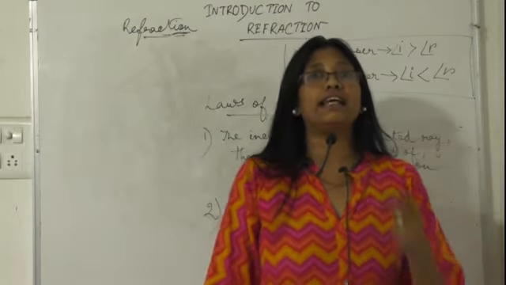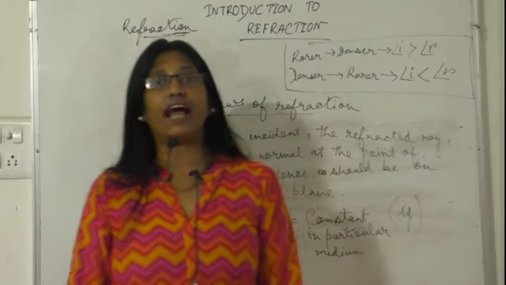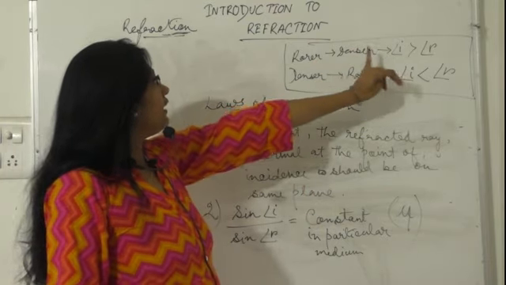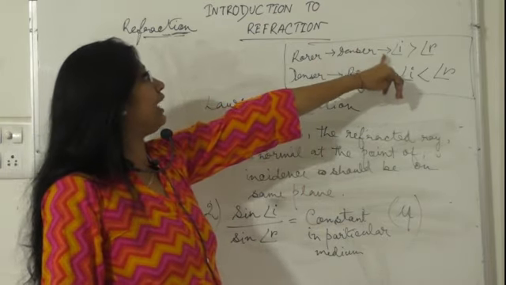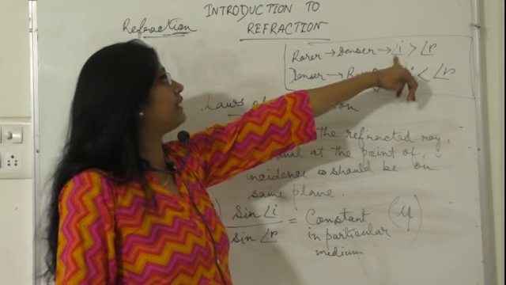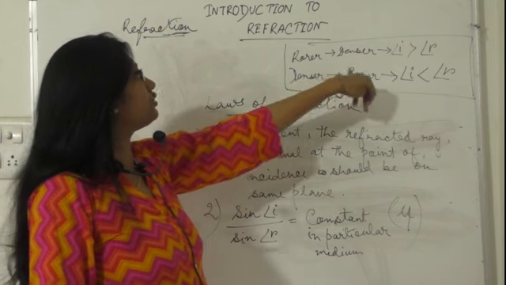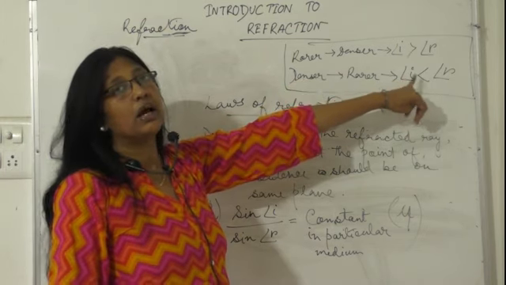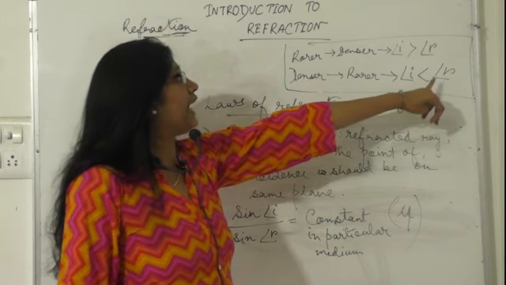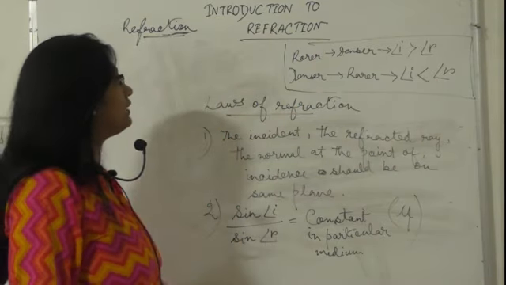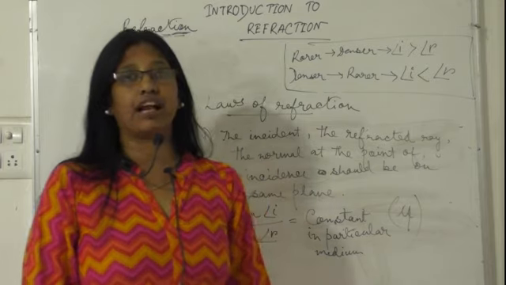These are the three cases of refraction, where we have known that when going rarer to denser, the angle of incidence will be greater than angle of refraction. When it is going denser to rarer, the angle of incidence must be less than angle of refraction, and these two are the laws of refraction.